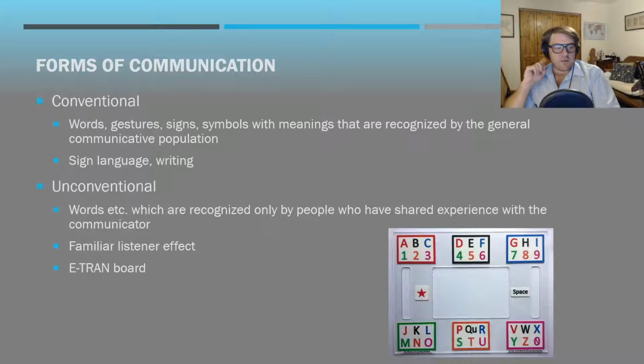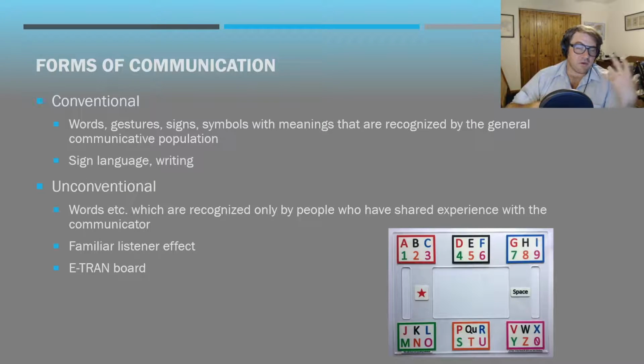Okay, so that was a form of conventional communication. What about unconventional? What are unconventional forms of AAC or communication? Well, these are words or gestures, signs, symbols that are recognized only by people who have shared experience with the communicator or the communicative device. So one of these is a familiar listener effect. So there are different kinds of vocalizations that aren't necessarily words.